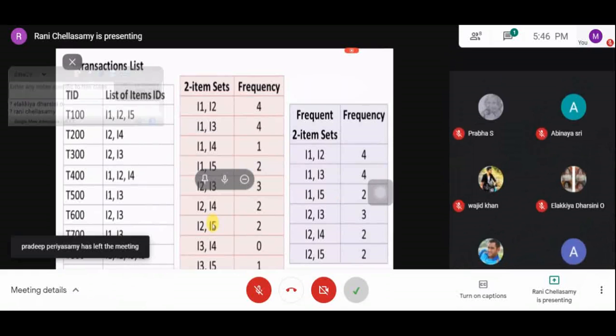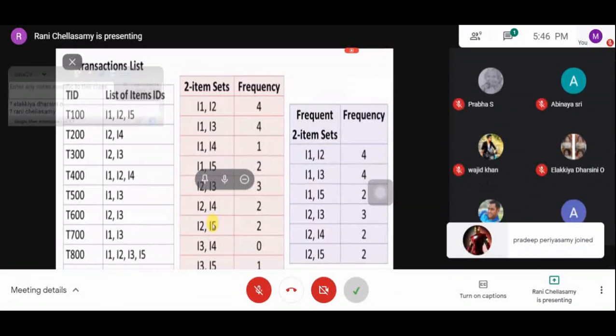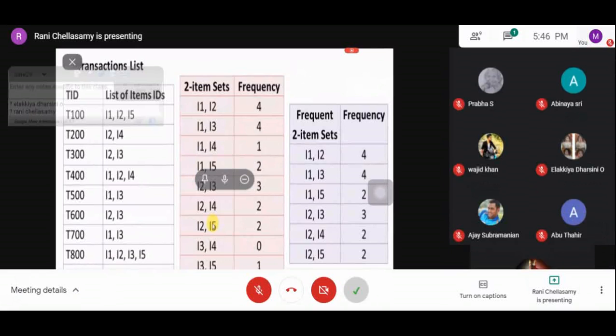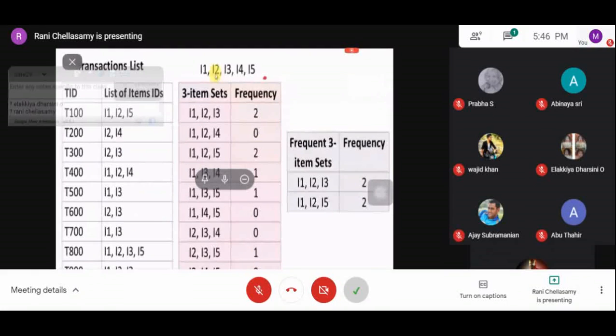I2, I3, I5. Then I2, I4, I5. So like this, with these combinations from the frequent 2 item set, you have to frame the 3 item set.